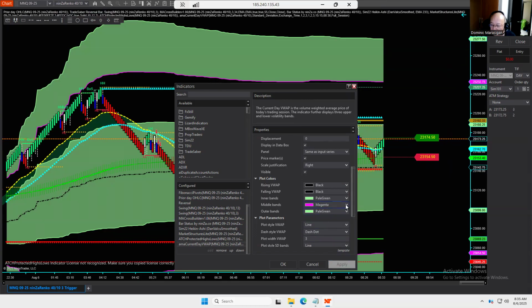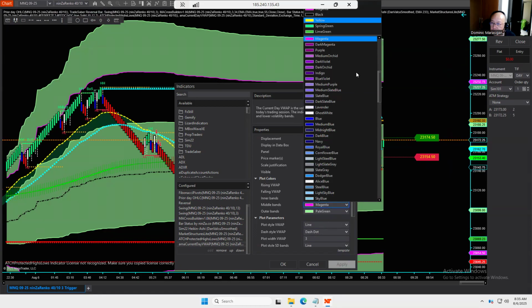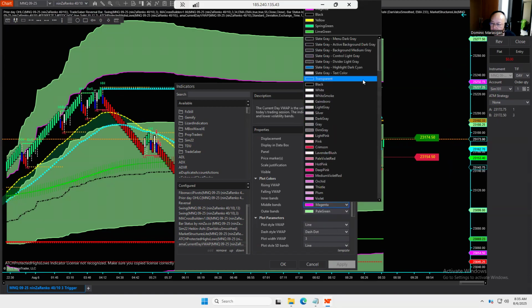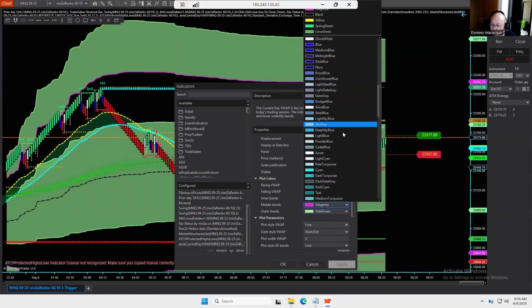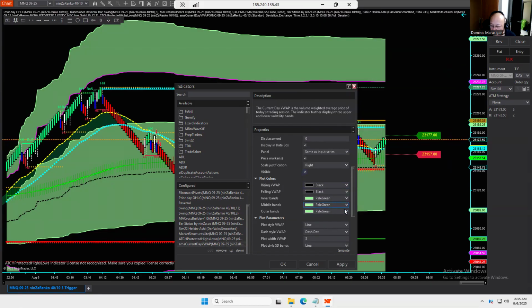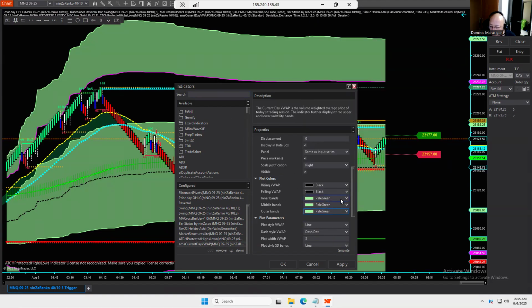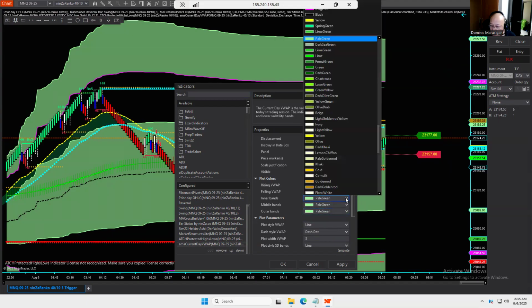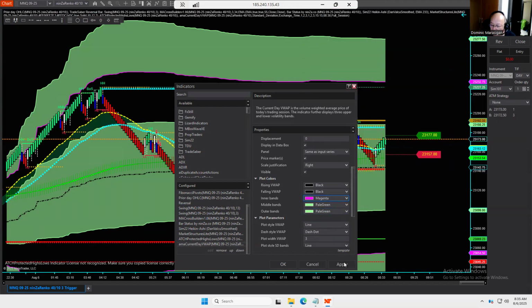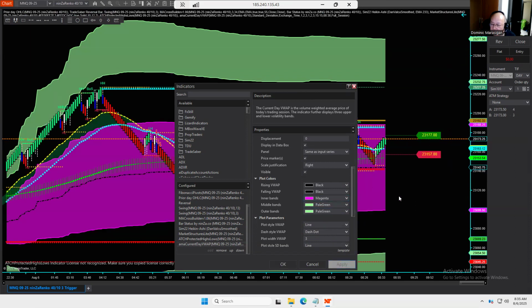Let me change that one to pale green. This is magenta. It's the wrong one. There.